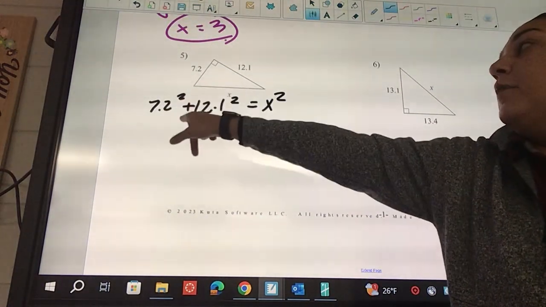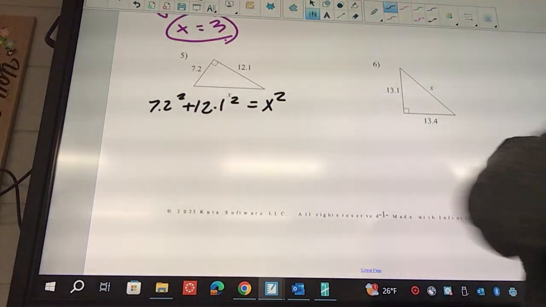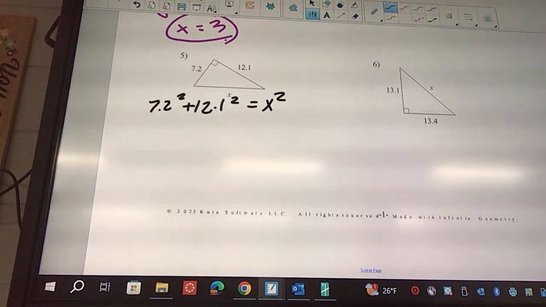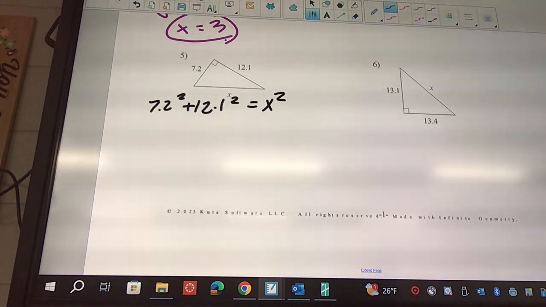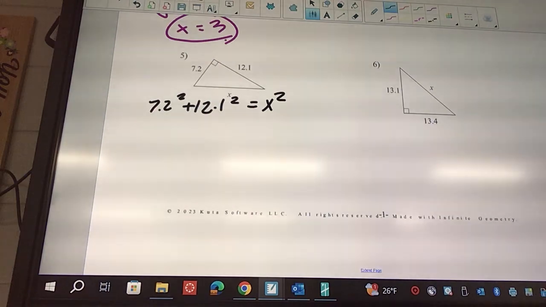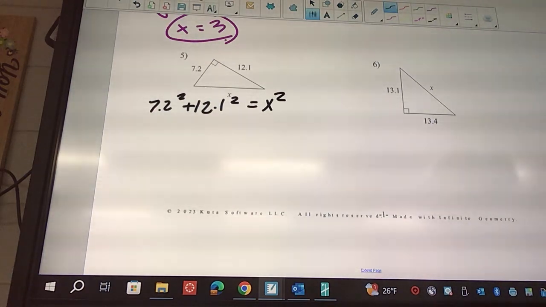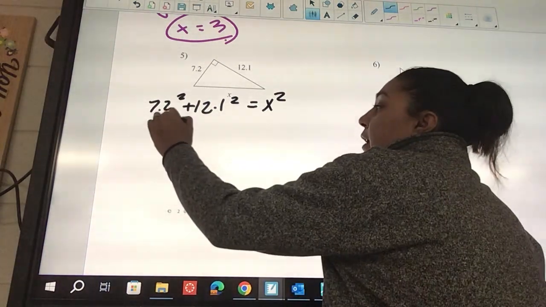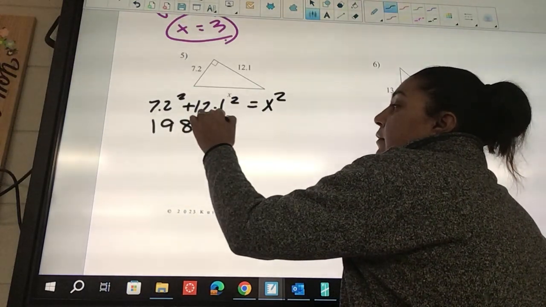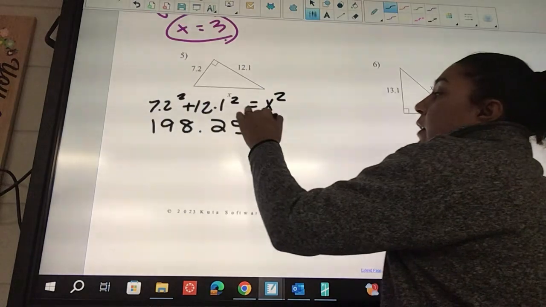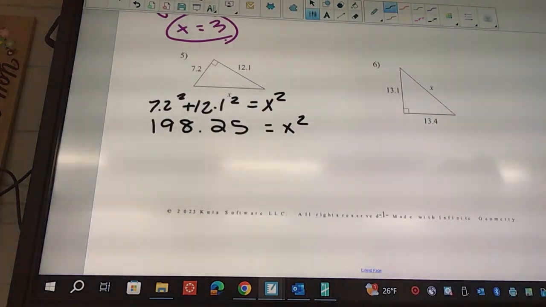You can type in 7.2 squared plus 12.1 squared, to save yourself some steps. And what number do you get when you do that? 198.25 equals x squared.